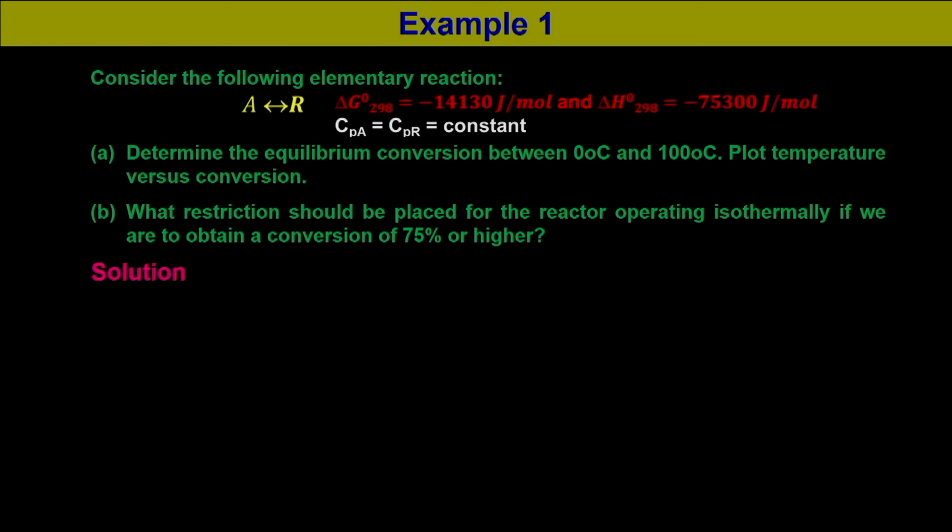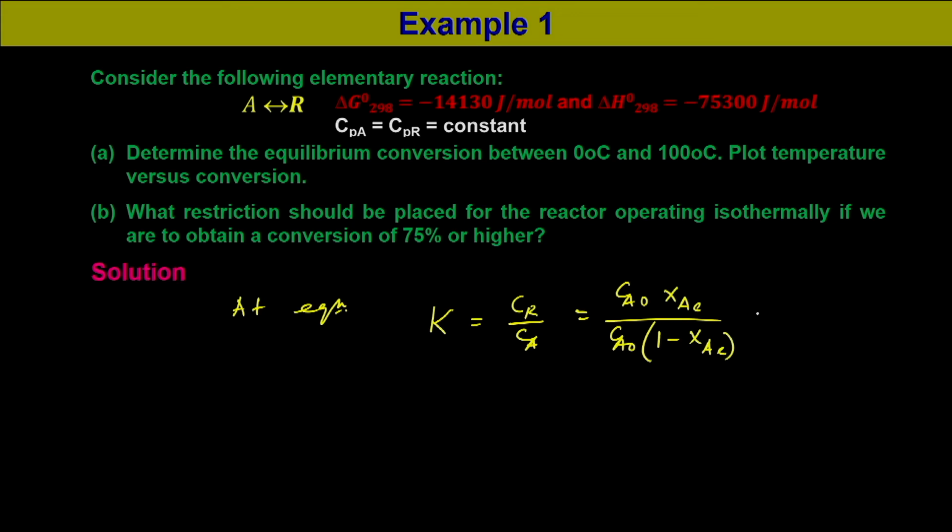Now, at equilibrium, K is equal to Cr by Ca, which is equal to Ca naught XAE, where XAE is the equilibrium conversion, divided by Ca naught into 1 minus XAE, which is equal to XAE divided by 1 minus XAE.